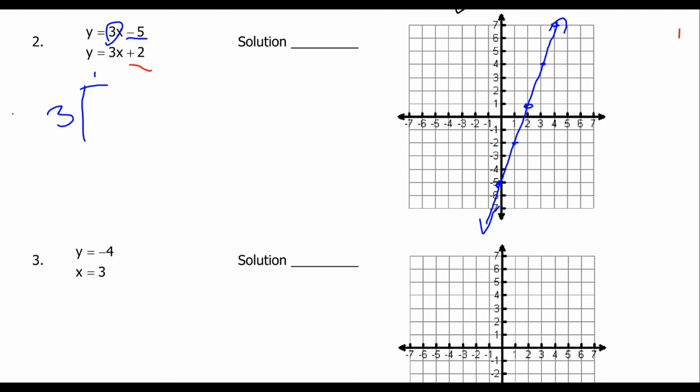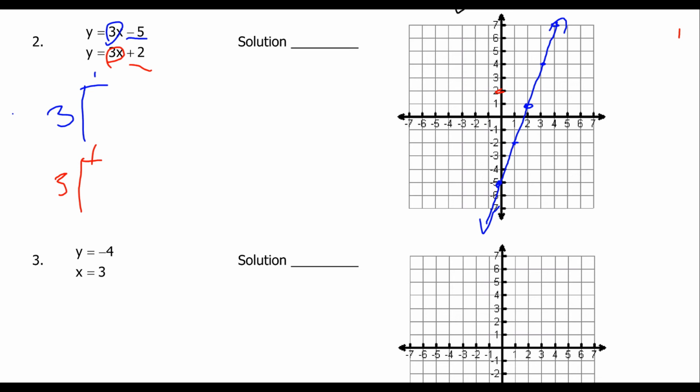Now, we go ahead and do the next one. This part says that we're going to cross at 2. Okay, this part says that we're going to go up 3 over 1. Now, if you notice, that right here looks a heck of a lot like that. Okay? Now, we're going to go ahead and draw our line.